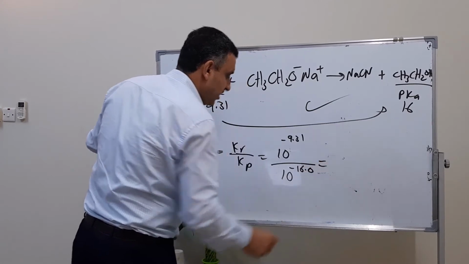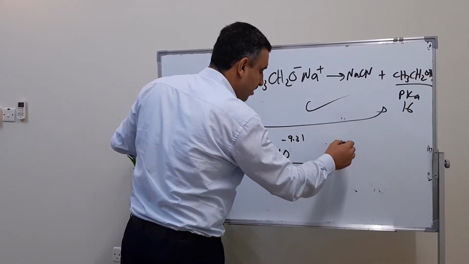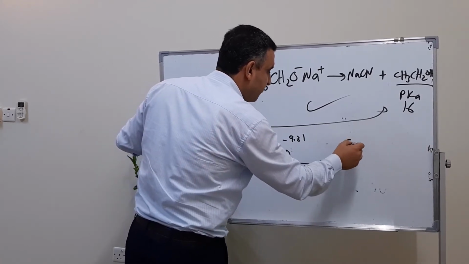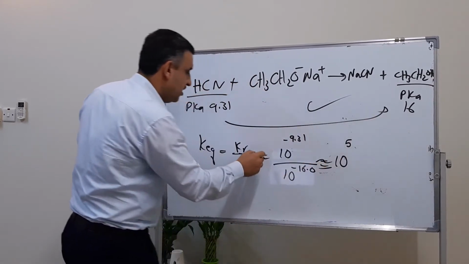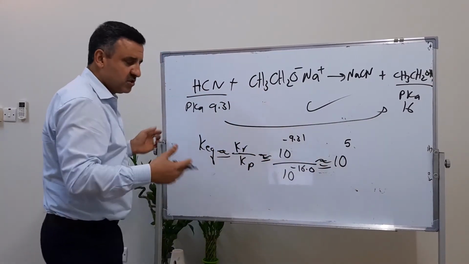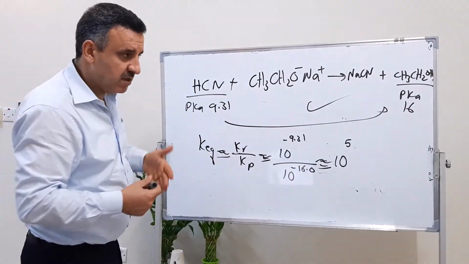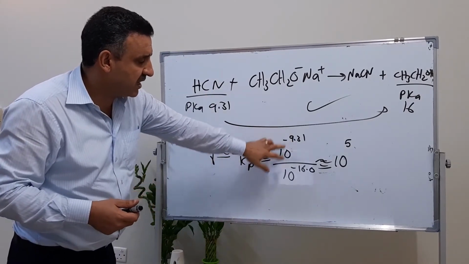Right. In this case, what you are going to get is 10 to the power of approximately 16 minus 9, which is almost like 5 point something. Let's say 5, approximately. You can do it at home if you wish, precisely, and just take the log to get the pKa, the Ka of each.